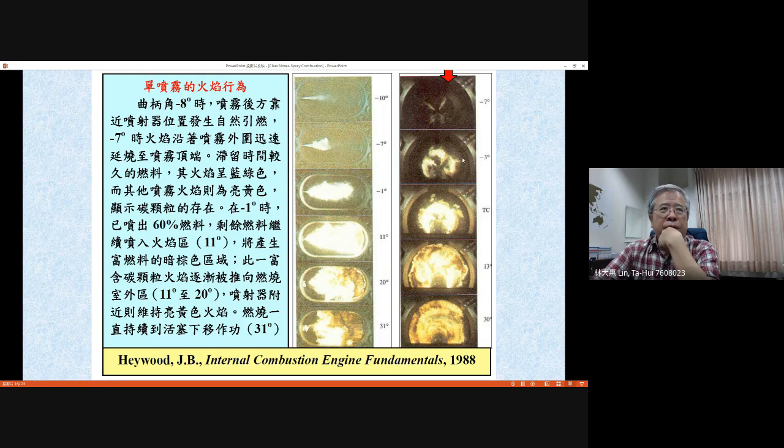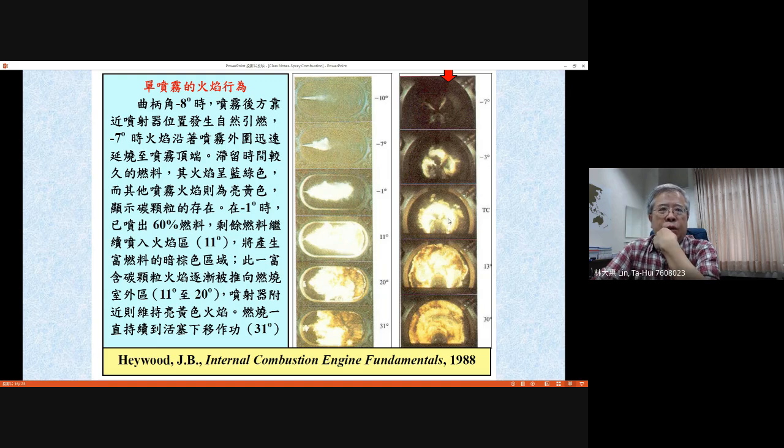But this frame is quite different from the previous one, right? The previous one is only a single jet without swirling, so it just impinges directly into the combustion chamber. But here you can see the flame generates, the spray comes out, but the flame has some motion accompanied with the swirling direction. Those swirling motions effectively increase the mixing of the combustion products, the fresh air and the liquid diesel droplets.